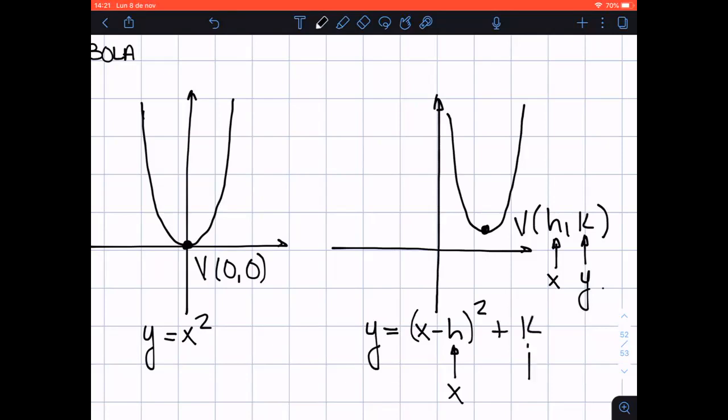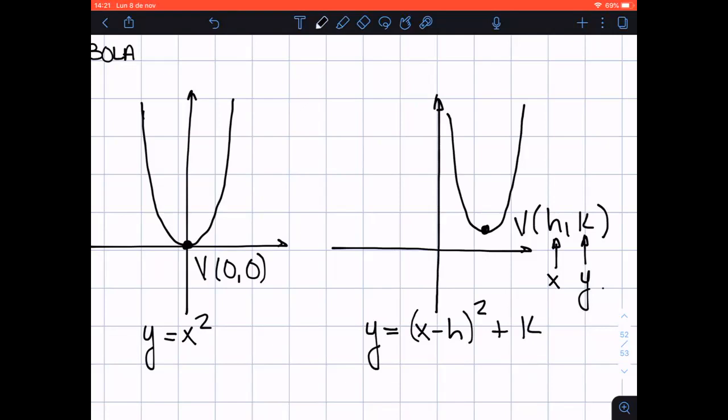And k will tell you how many units to move your parabola vertically, right? This is probably something that you should remember that we saw since the beginning of the course, and actually that you saw since last semester, okay?